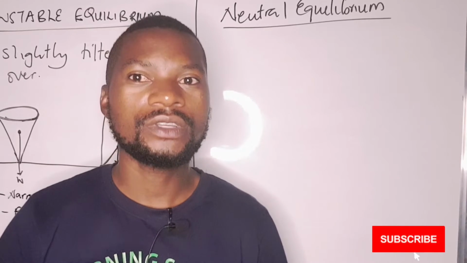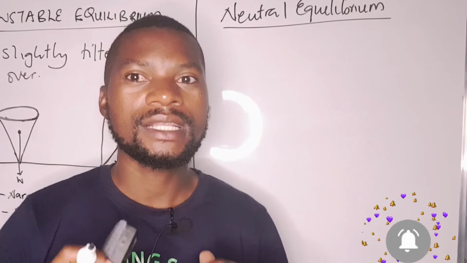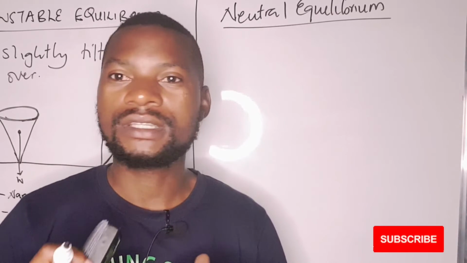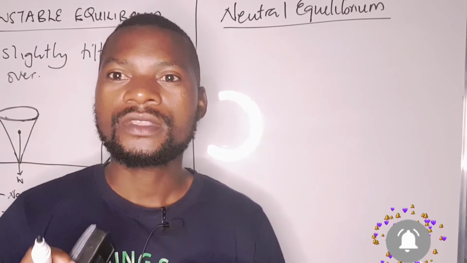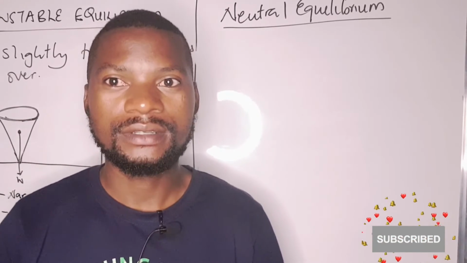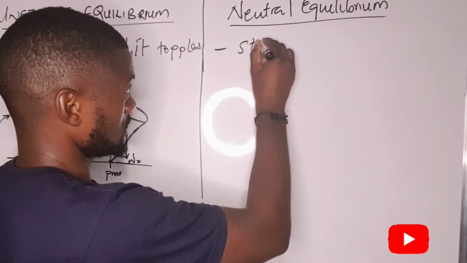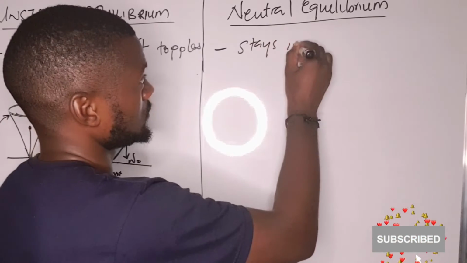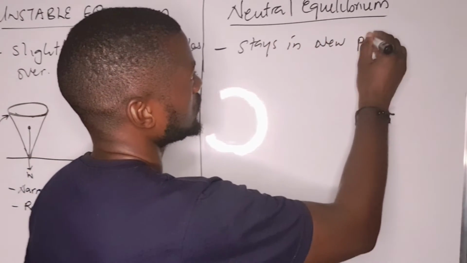So for the neutral equilibrium, when the body is slightly tilted or slightly rolled, it still stays in its new position.